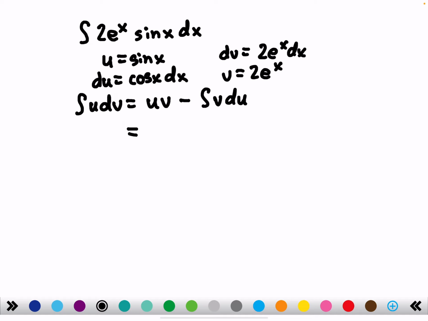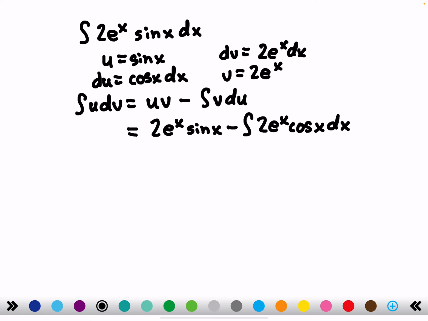So this will equal u times v, which is 2e to the x sine x, minus the integral of v du. So minus the integral of 2e to the x cosine x dx. Now, if memory comes to light, that's what we started with.